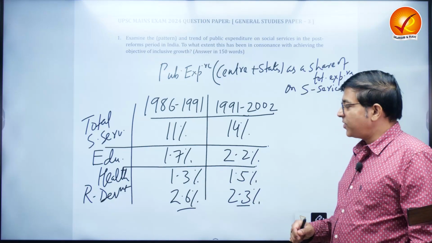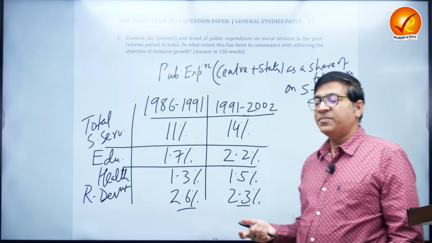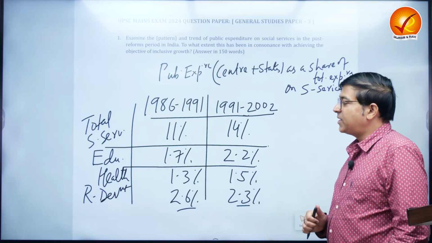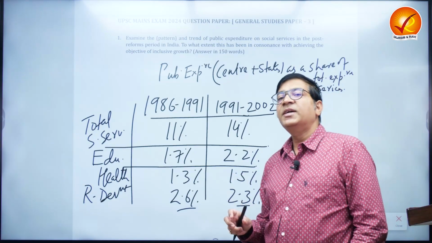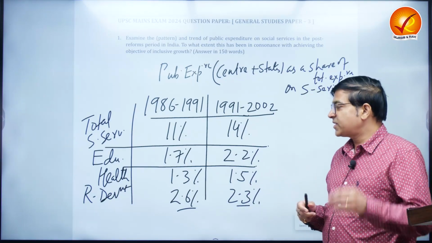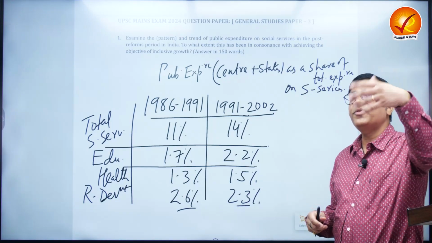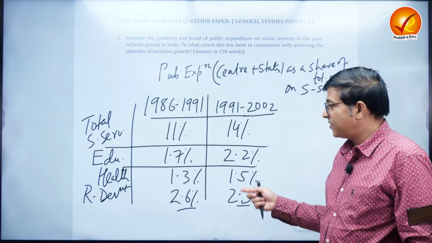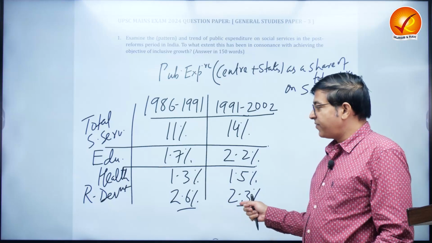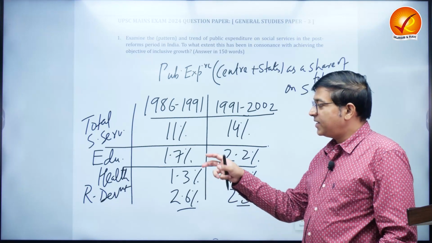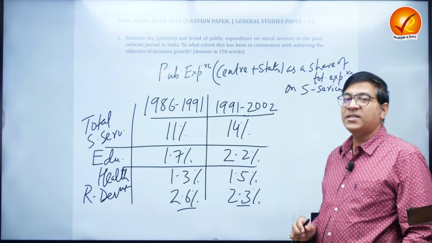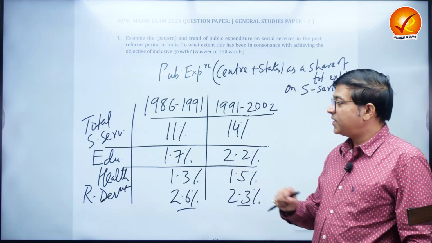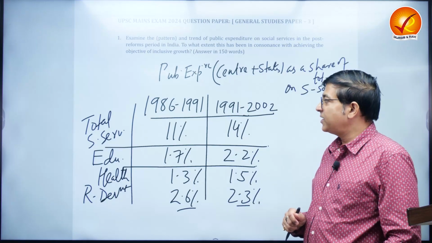In rural development, you can think of many rural employment schemes, and that also fits very well with another debatable issue during the 1990s, that of jobless growth. Although the question is not asking that, I'm just giving you a hint that by chance if you get some questions around that, you can link it with this. Lower rural development expenditure is hinting at lesser rural job creation in post-91, one of the reasons behind the jobless growth, one of the main reasons actually.